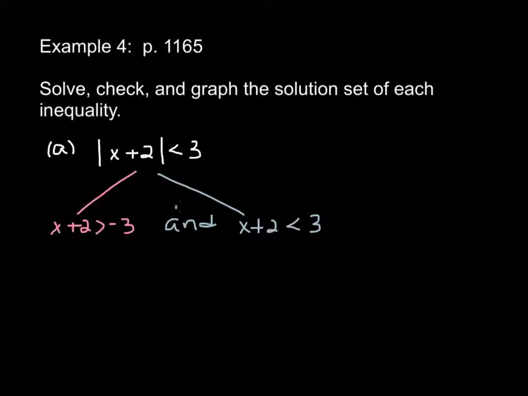This is the one that's the intersection, the one where the original problem has less than. So we'll solve for x. My solutions are x is greater than negative 5 and x is less than 1.